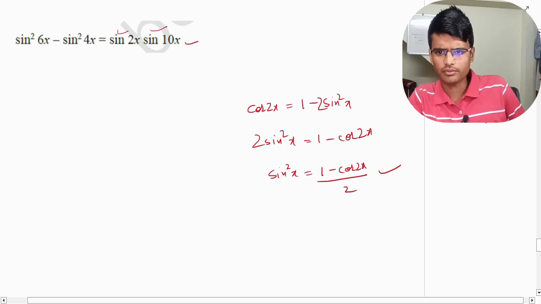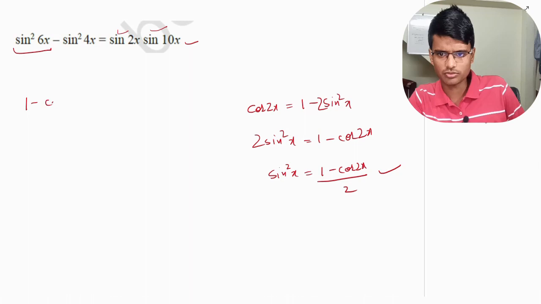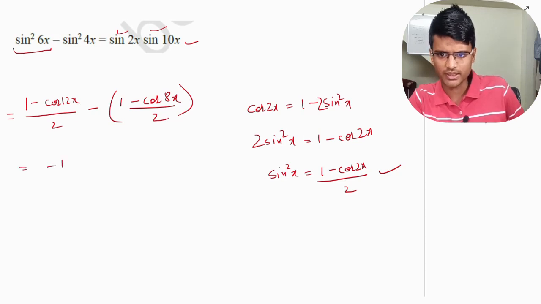So for this I have (1 minus cos 12x)/2 minus (1 minus cos 8x)/2. On simplifying this, I'll get minus 1/2 (cos 12x minus cos 8x), right?